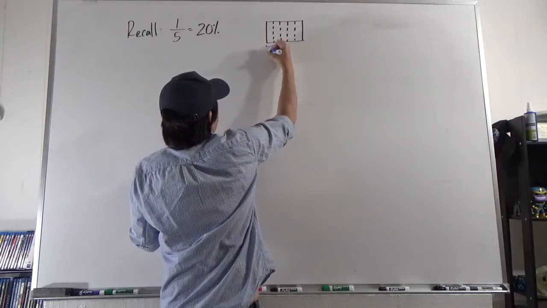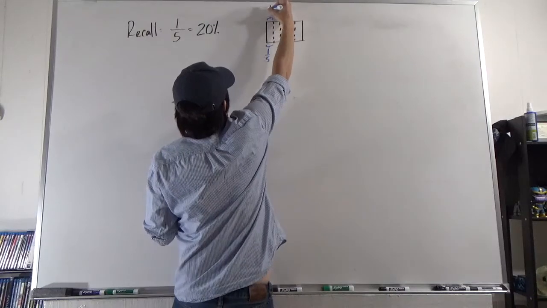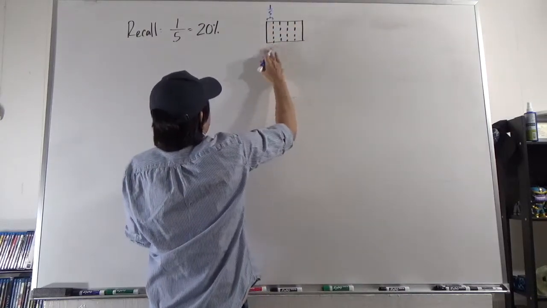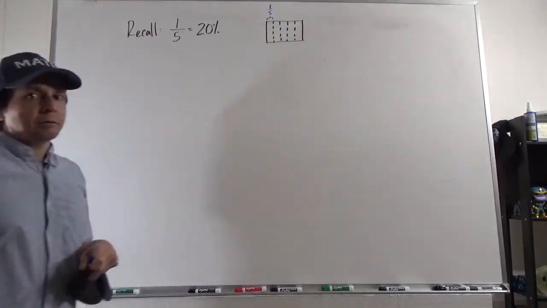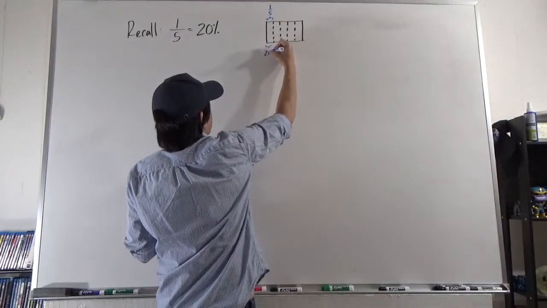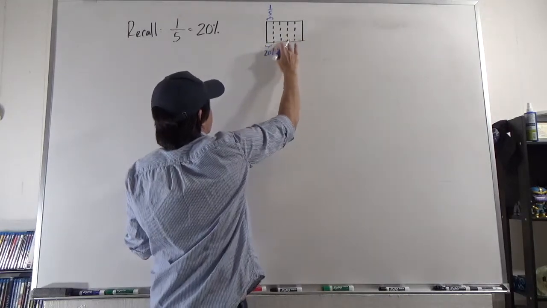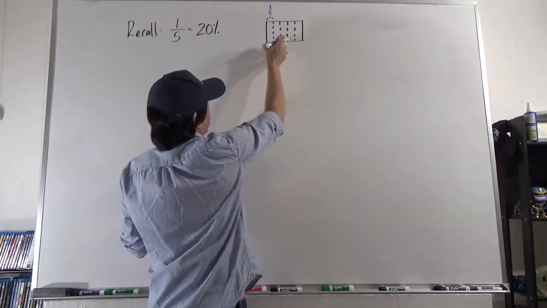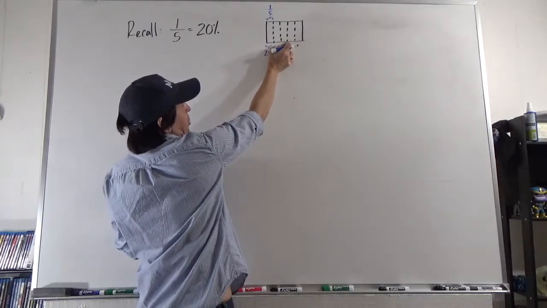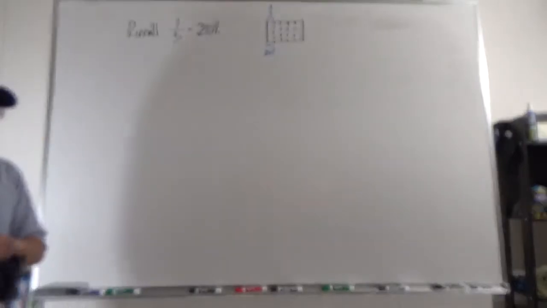So that's 1/5, chopping the candy bar up into five equal pieces. That's 20% of the candy bar. That's another 20%, and so on. It's getting too cluttered. I made it too small. Anyway, 20% for the first piece, 20% for the second piece, 20%, 20%, 20%. 5 of those adds up to 100%.